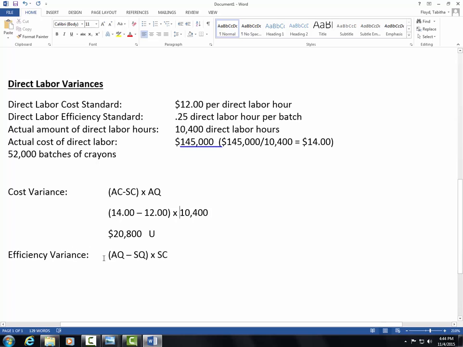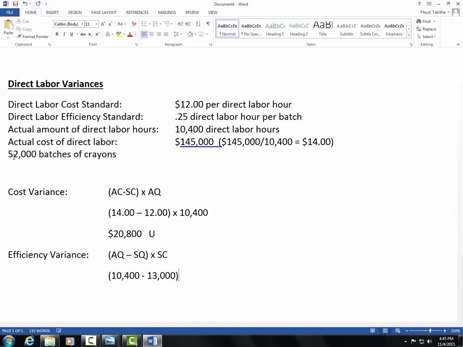All right, let's do our efficiency variance. Our actual quantity, how many labor hours did we use? 10,400. We're going to subtract our standard quantity. So how much should we have used to make 52,000 batches of crayons? How many labor hours should it have taken us? 0.25 times 52,000 is 13,000 hours.